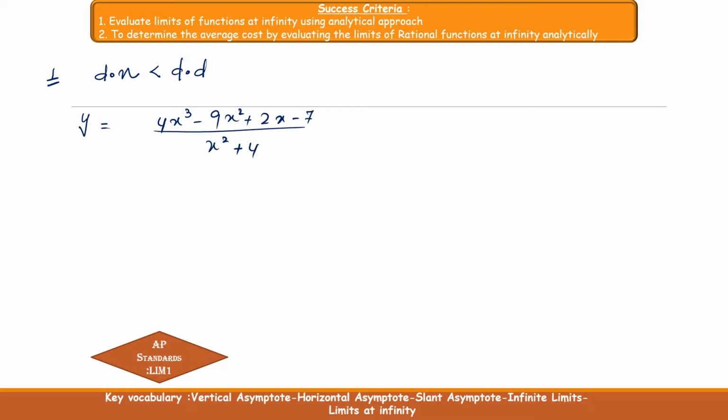Okay, so what is the degree of the numerator here? The highest degree of the function is 3. What is the degree of the denominator? In this case, it is 2.